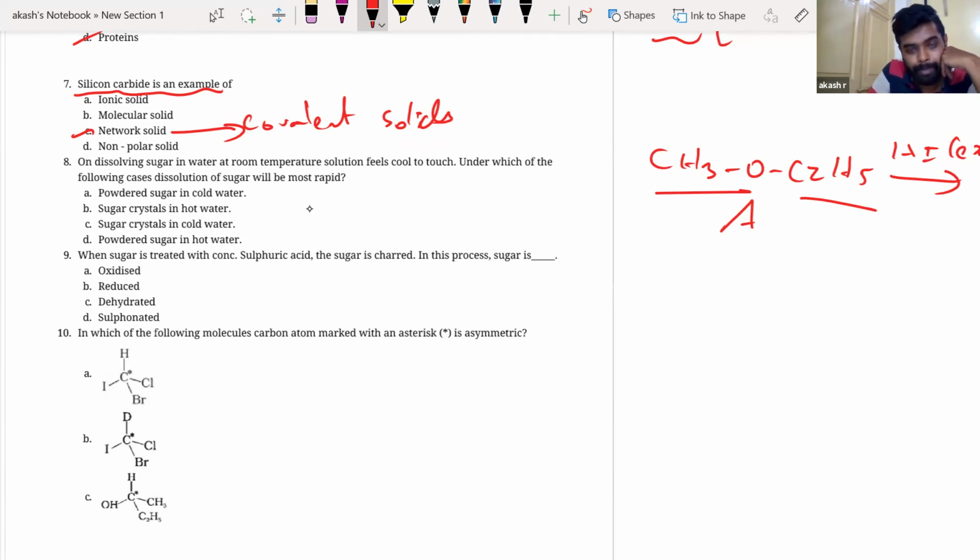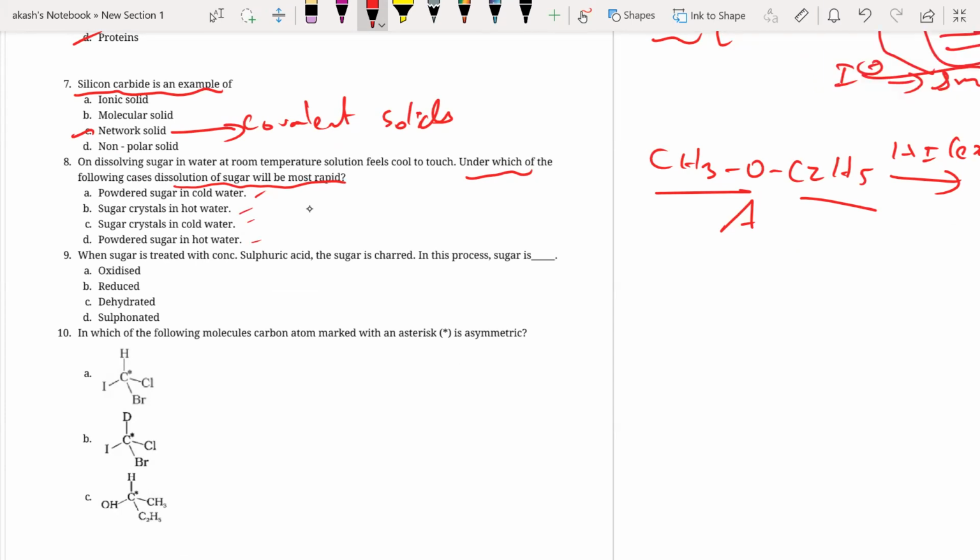Why that happens, we'll try to understand. But they're asking under which conditions the dissolution of sugar will be most rapid. Powdered sugar in cold water, sugar crystals in hot water, sugar crystals in cold water, powdered sugar in hot water. What is the answer?